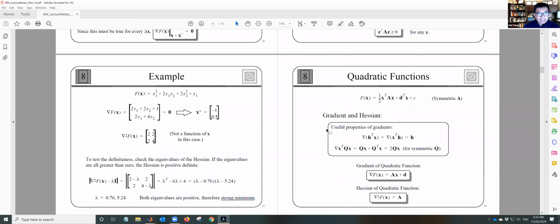Now, let's have a look at an example. This is the same function that we studied before. If we take the first order derivative, then we have delta x. You solve for delta x with the first order equal to 0, then you get x star.